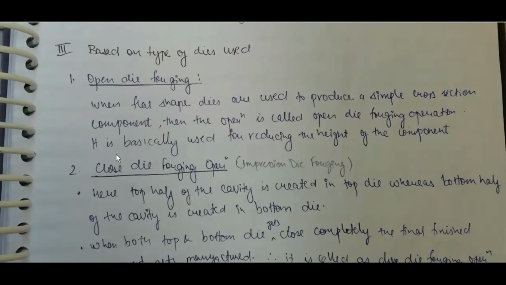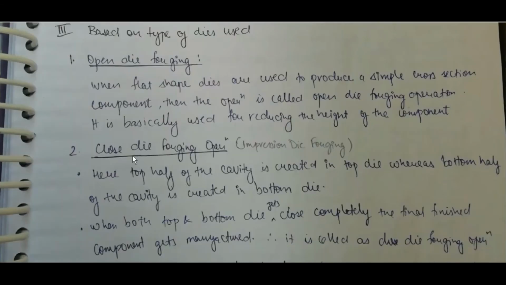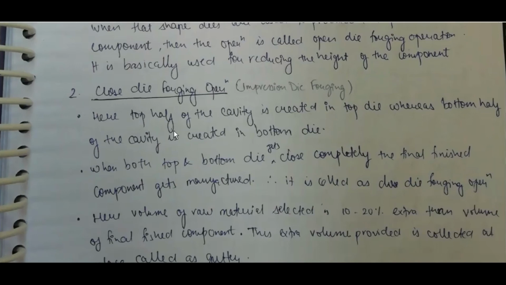This is called chamfering. This is called flattening. Chamfering: removing the sharp corners and producing fillet corners in an open die forging is called chamfering. Bending of the raw material in the required direction by the required angle is called bending operation.